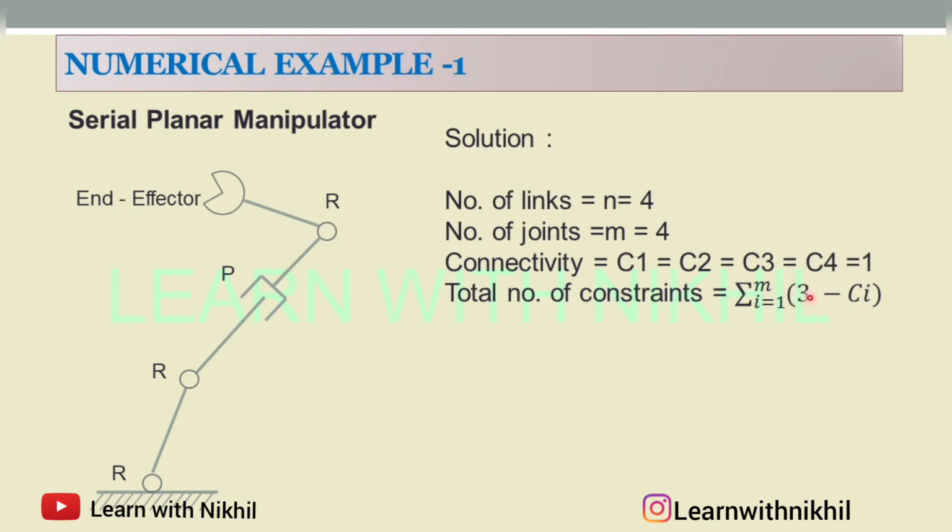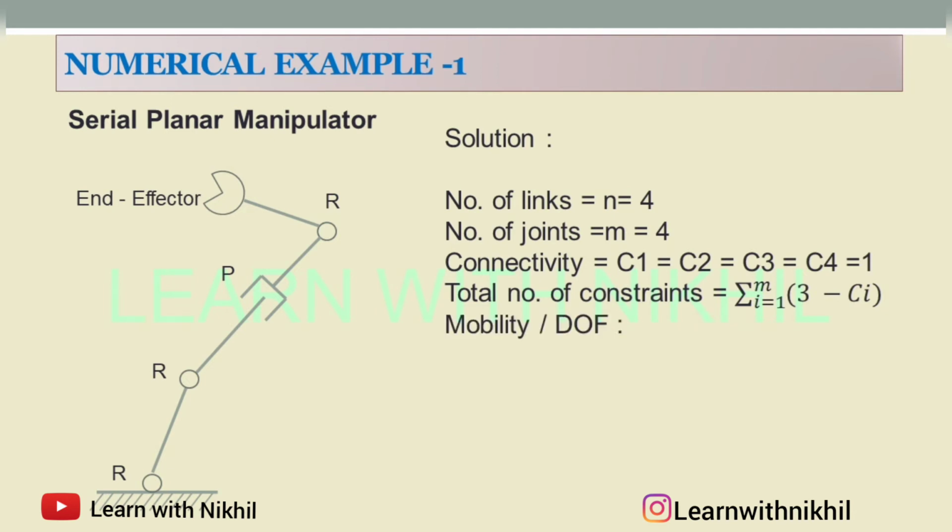Now we get in this bracket the answer as 2. So for each connectivity the constraint is 2. Here it is 2 plus 2 plus 2 plus 2, which gives me 8. So the total number of constraints is 8.